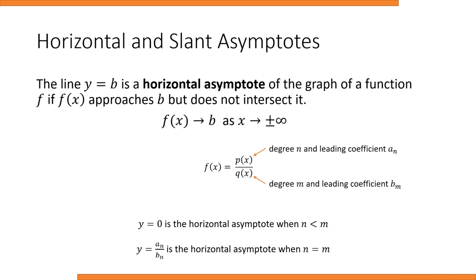If the degrees are equal, so maybe you have a quadratic over a quadratic, then you take the leading coefficients and divide them, and that is where your horizontal asymptote will be. So it would be a_n over b_m, whatever number you get from that, is where the horizontal asymptote is. Those are our first two options. That's how you get a horizontal asymptote: either the degree of the top is smaller or they're equal.